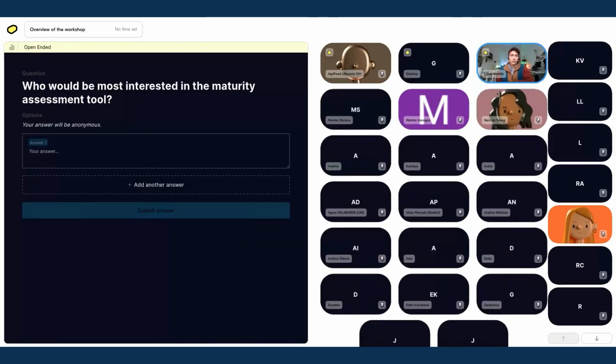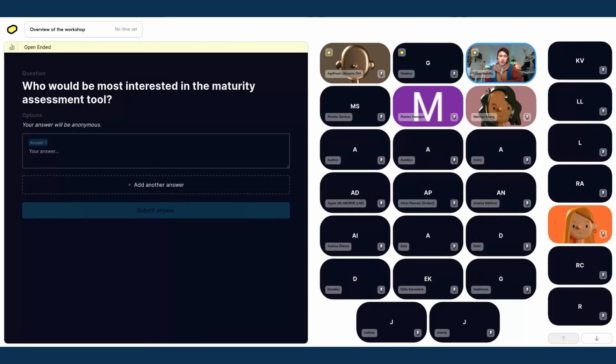Who would be the most interested in the maturity assessment tool? Would it be you? Would it be organizations? Would it be governments? Write your answers in the box. That's a good one.